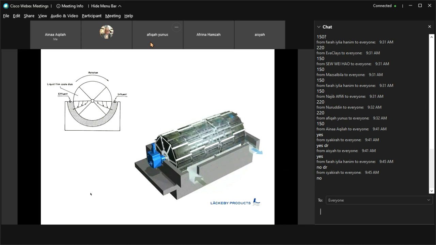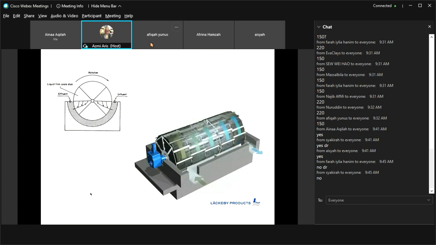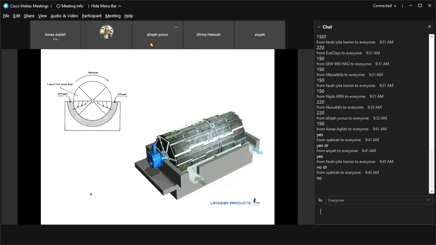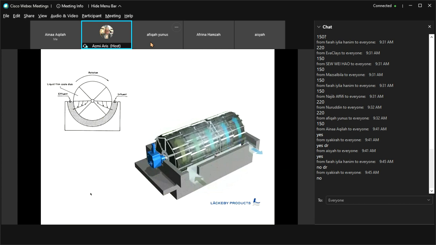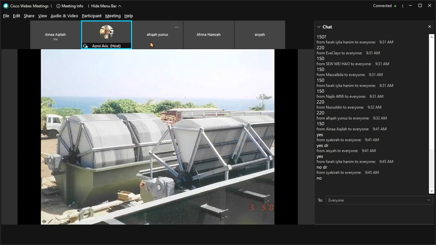There are many types of media being used for this, in the form of corrugated metal, different types. So this is how it works. So this is the disc. Each disc has its area.